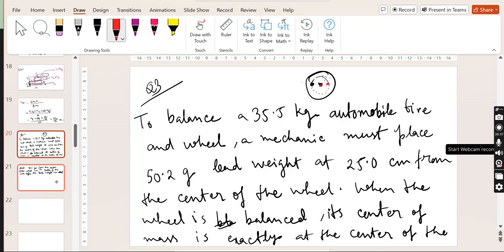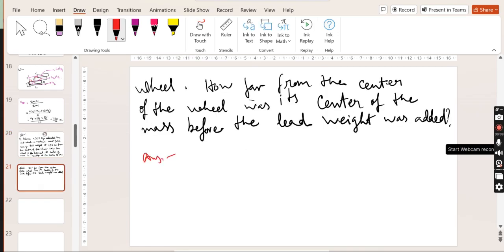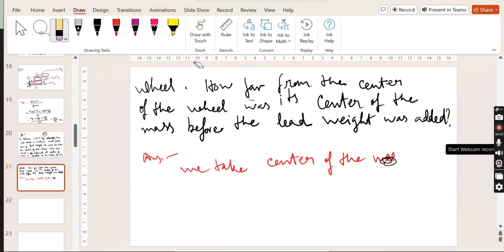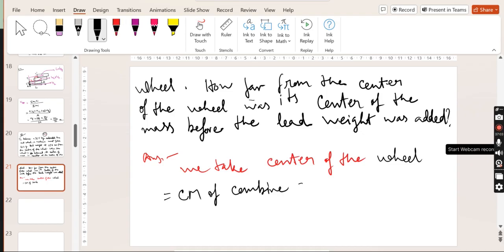Okay, so here we take the center of the wheel, or the center of mass of the combined system, at zero position.